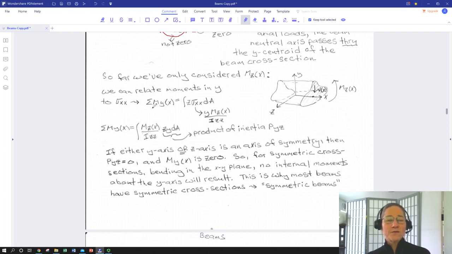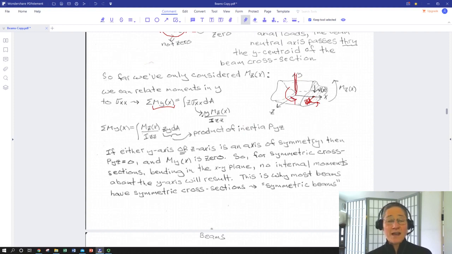So we could define moment about the y-axis as being the normal stress on some little area here times the z offset, because the z is now going to define a radius. So we're basically creating a moment about the y-axis in that case.